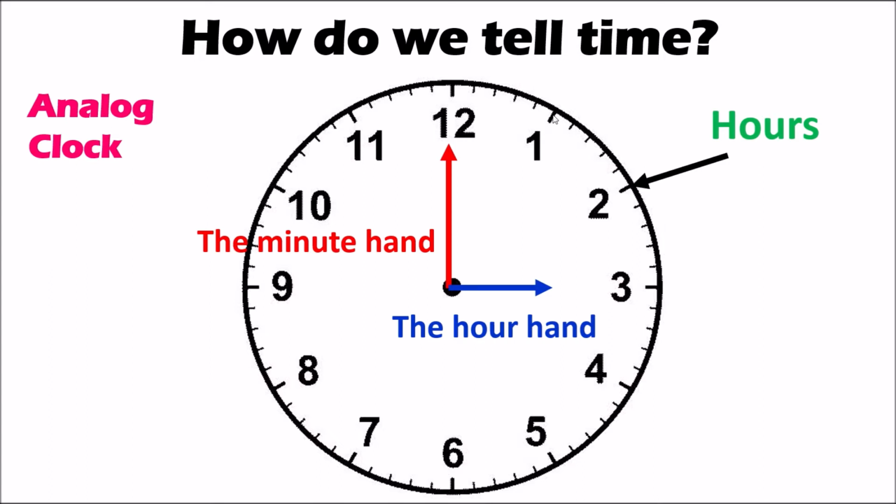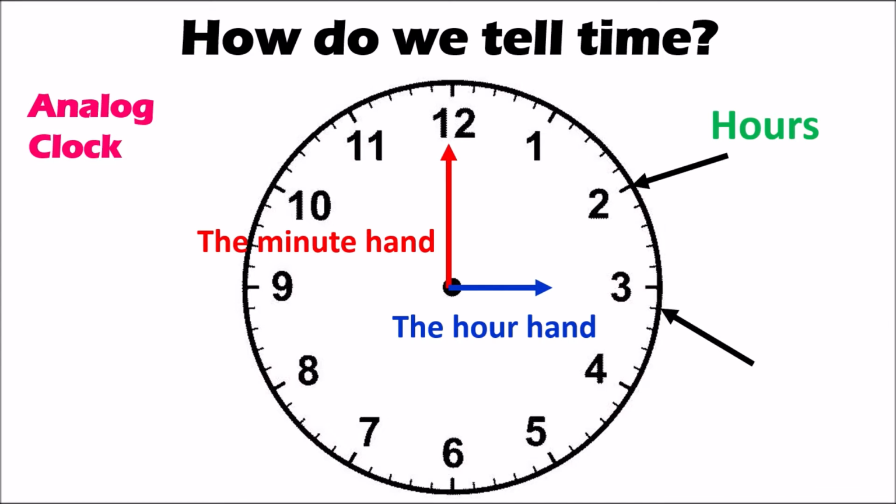And when it moves from 1 to 2, another hour has passed. So it takes the hour hand 1 hour to move from here all the way to here. If it's 2 o'clock now, it will be 3 o'clock in 1 hour. So here are the hours.